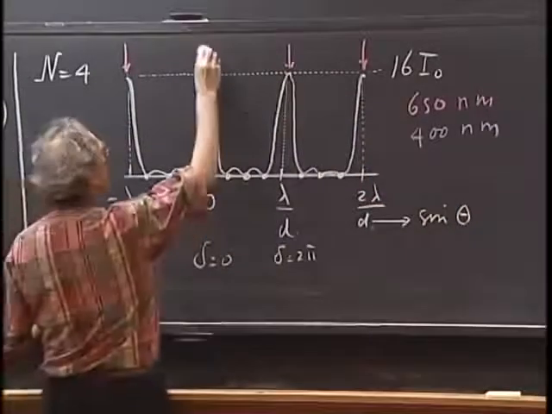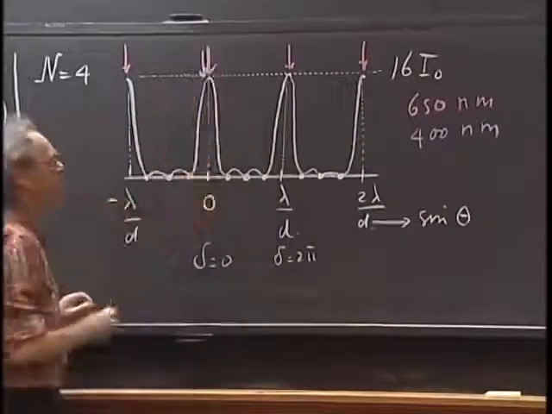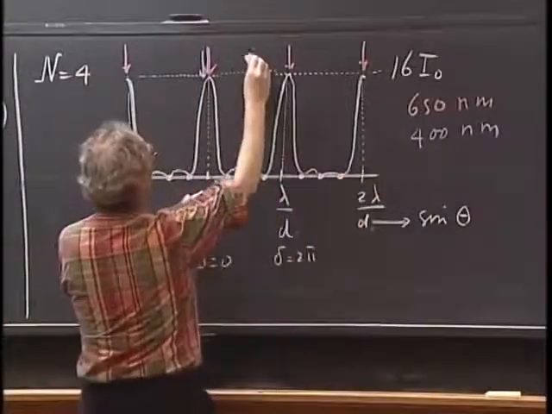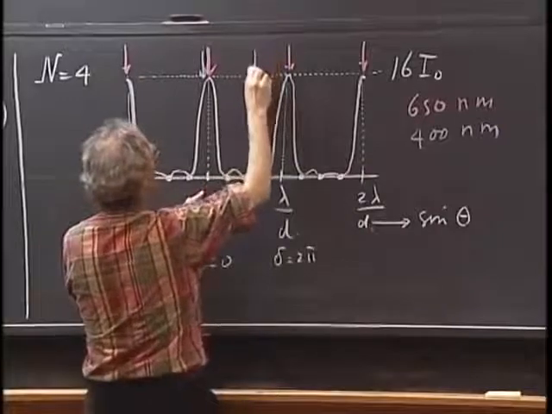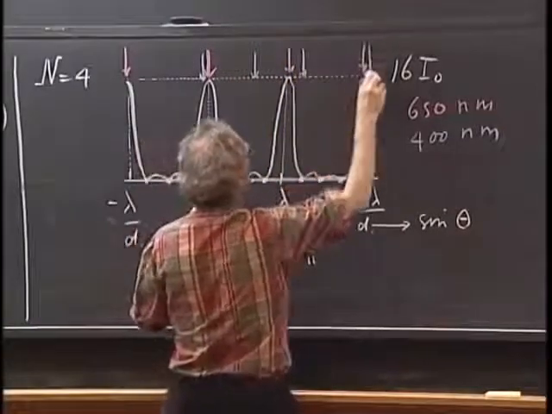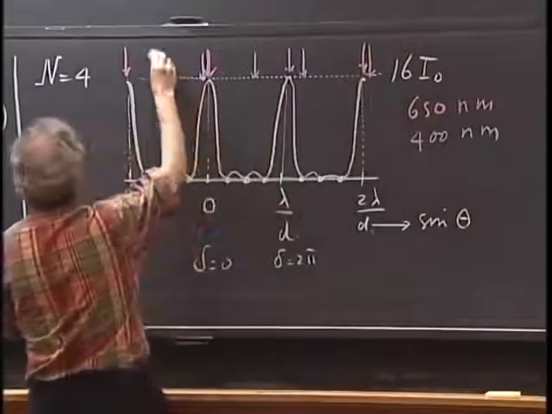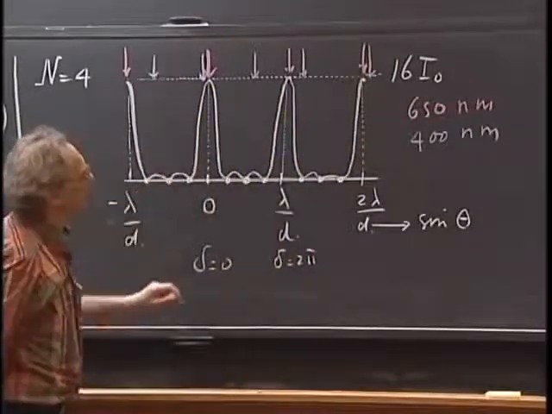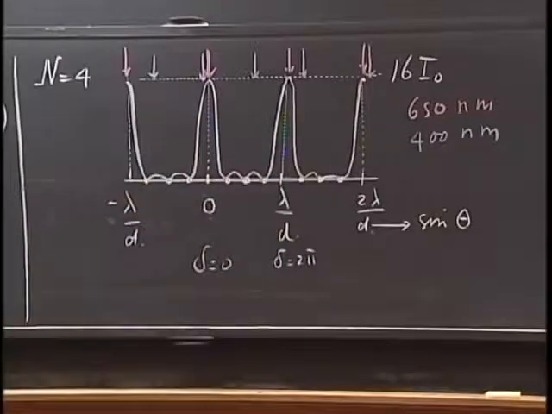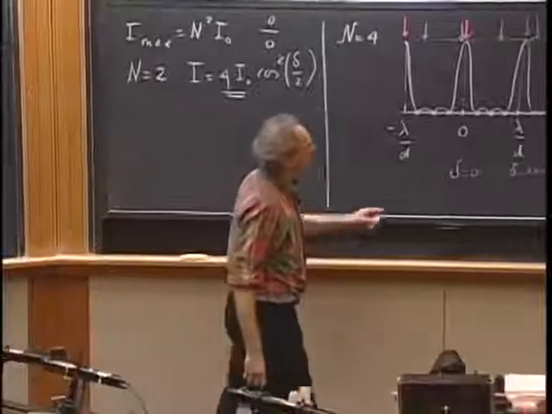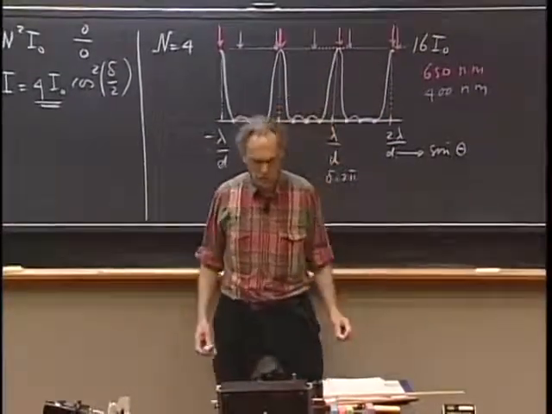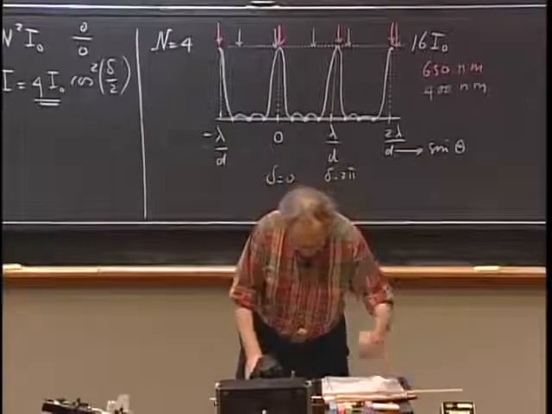Here at 0, it would always have its maximum at the same location, but the wavelength is shorter for violet, so here would be the maximum for violet, here would be the maximum for violet, and roughly here, and roughly here. The reason why the red and the blue there almost coincide, I mentioned that also last time for the double slit interference, is that 2 times 650 is roughly 3 times 400. So they live a life of their own.